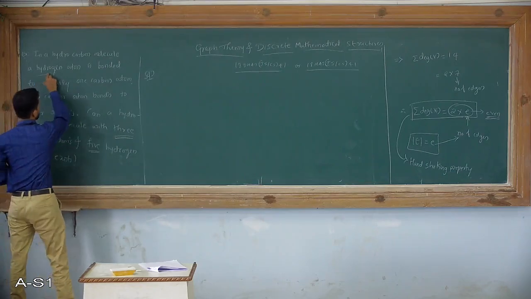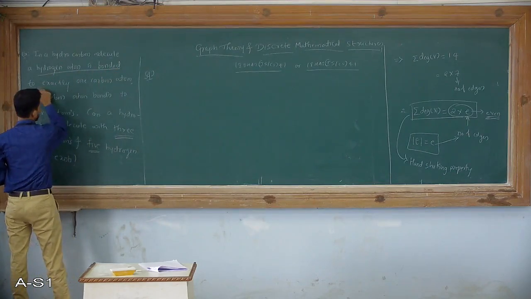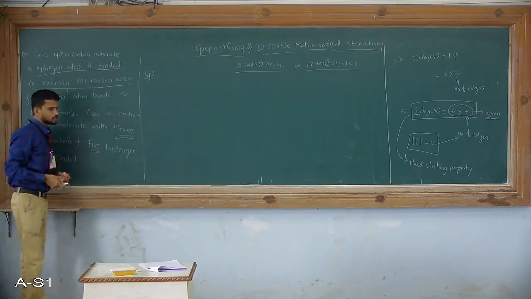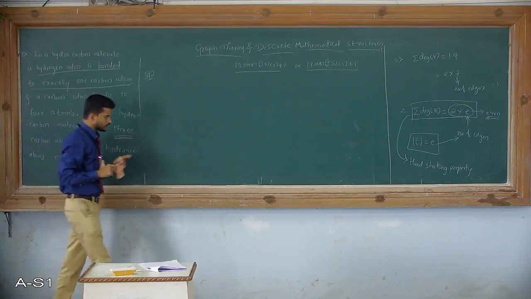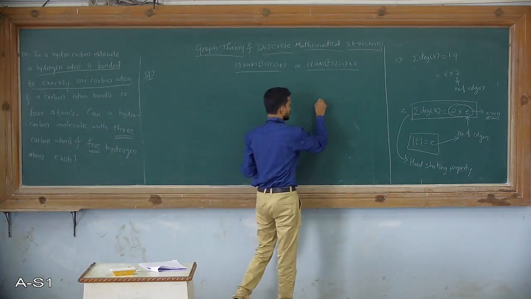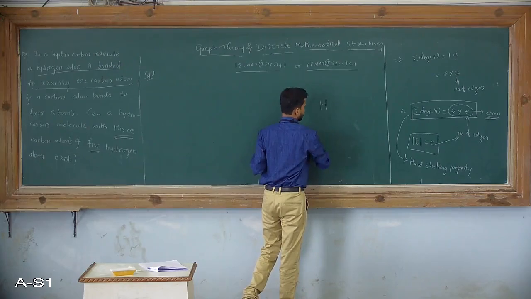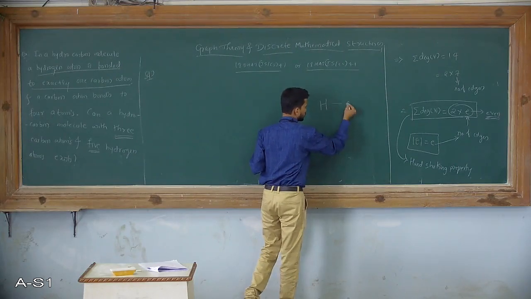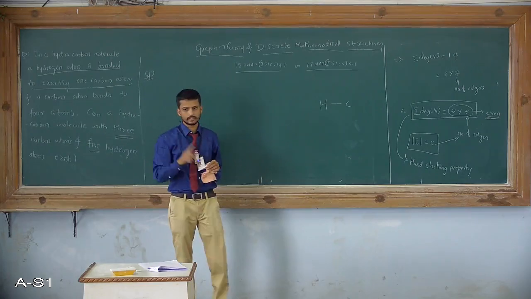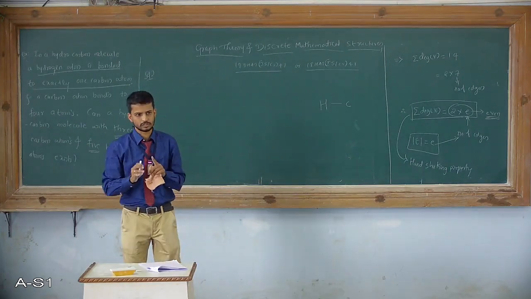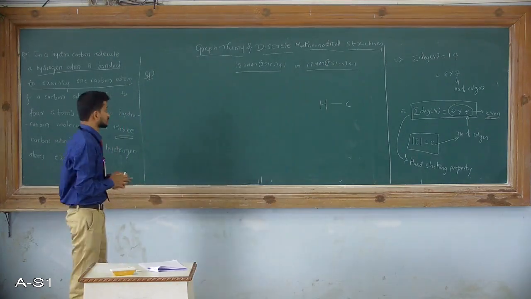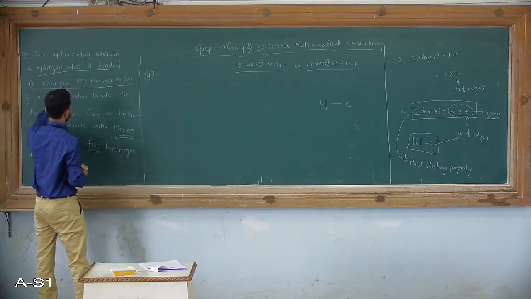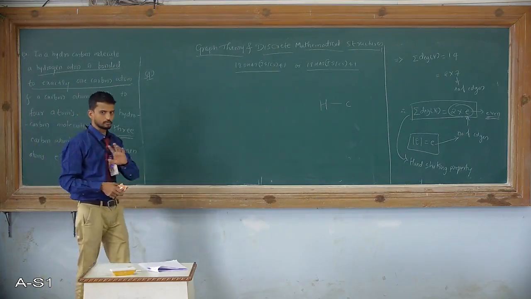The hydrogen is bonded to exactly one carbon atom. The meaning of this line is, if a hydrogen atom exists, it has a connection only with carbon, that is, one carbon atom. It will not say more than one, because the word exactly is used. Exactly one carbon, not more than that.